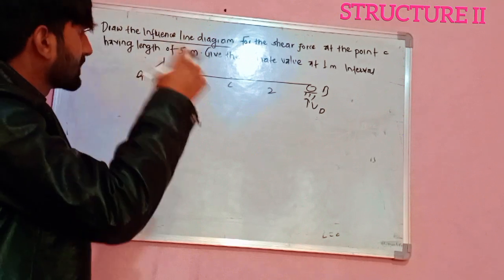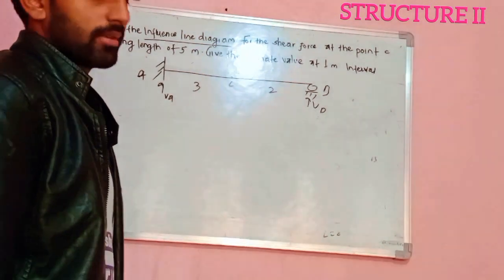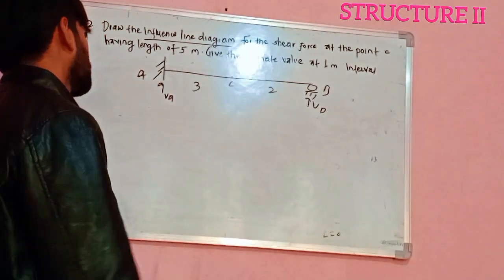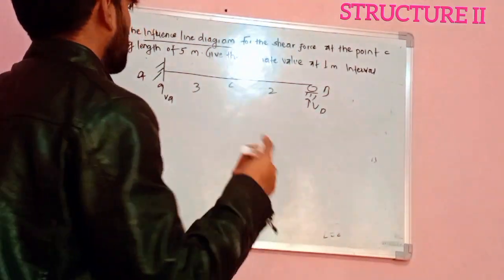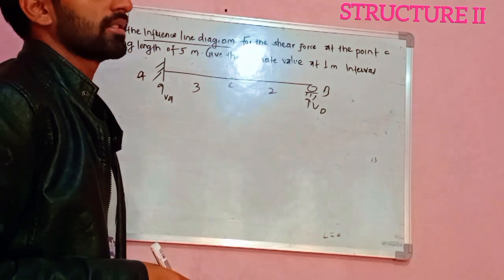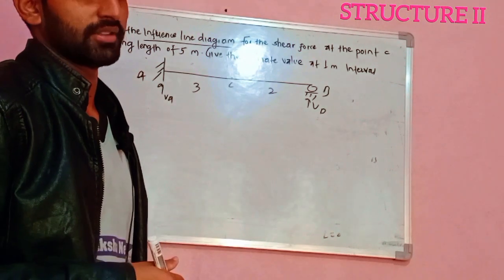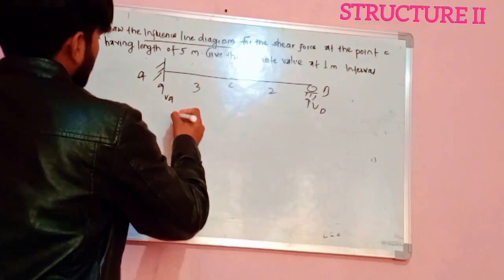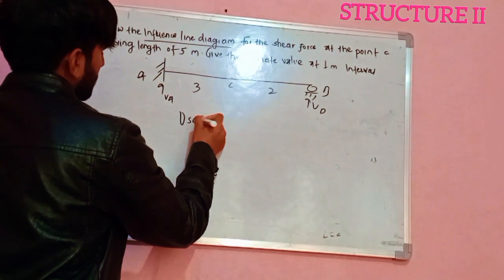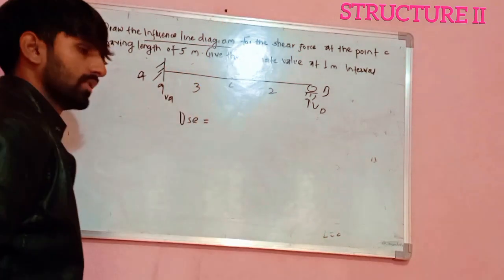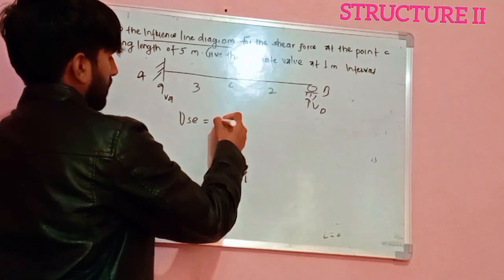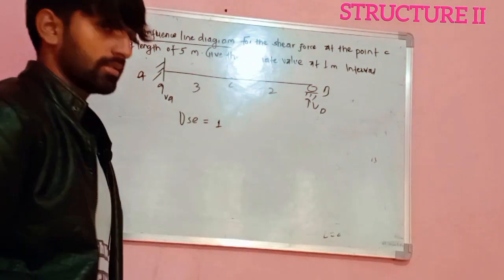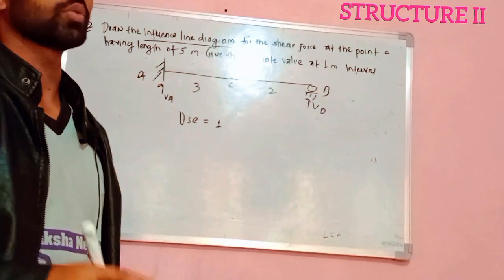So what the Muller-Breslau principle says is, if you want to draw the ILD, first we have to convert the indeterminate structure into a determinate structure. The degree of external indeterminacy of this type of question is most of the time 1.